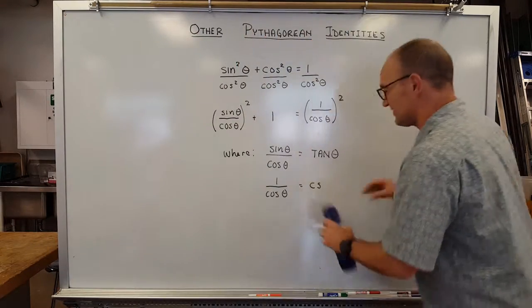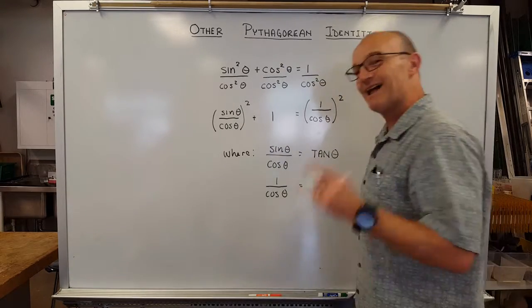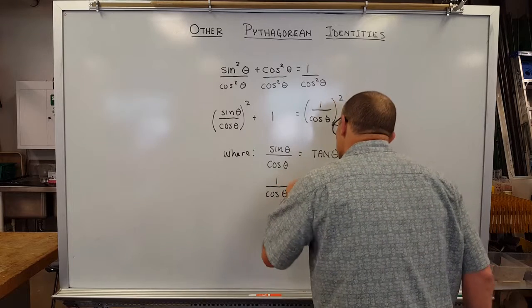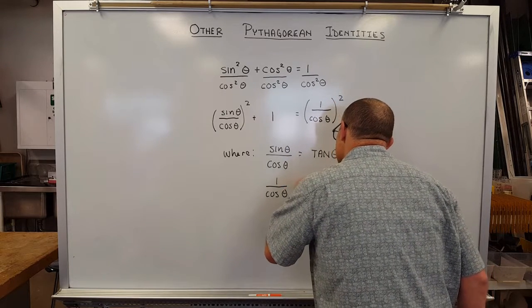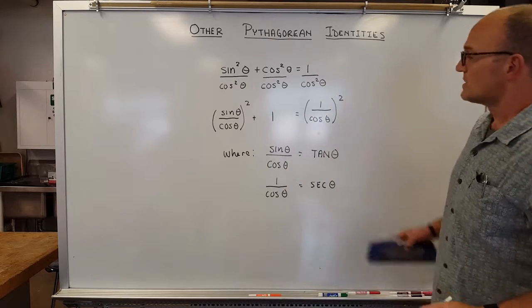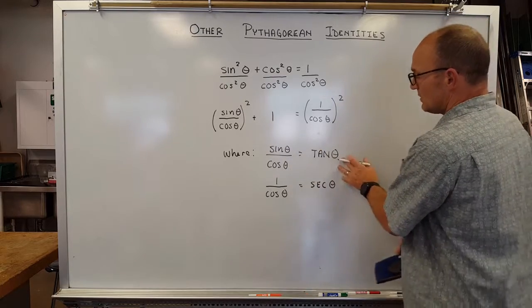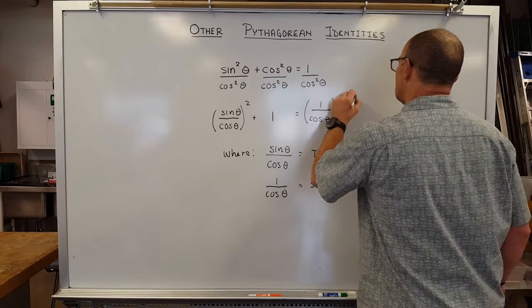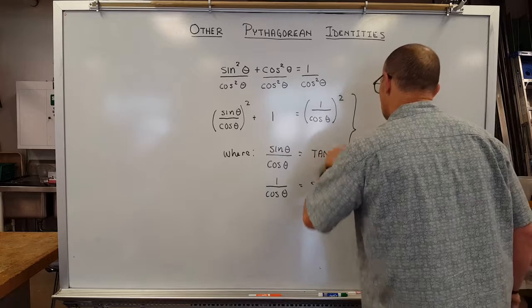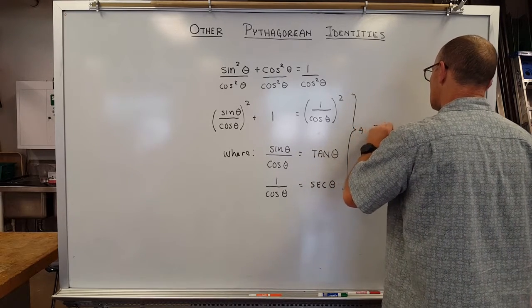I should talk to you about the interesting aspects of how the trig functions are defined, but I won't. I'll just remind you that the reciprocal of cosine is secant of theta.